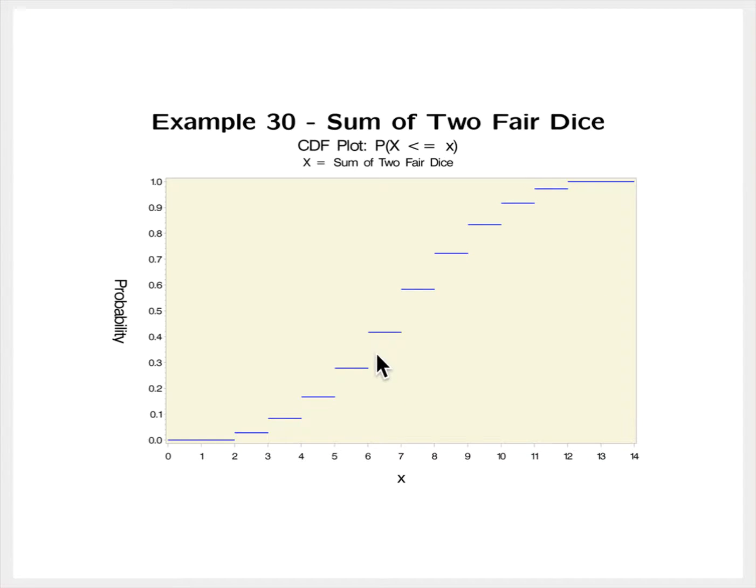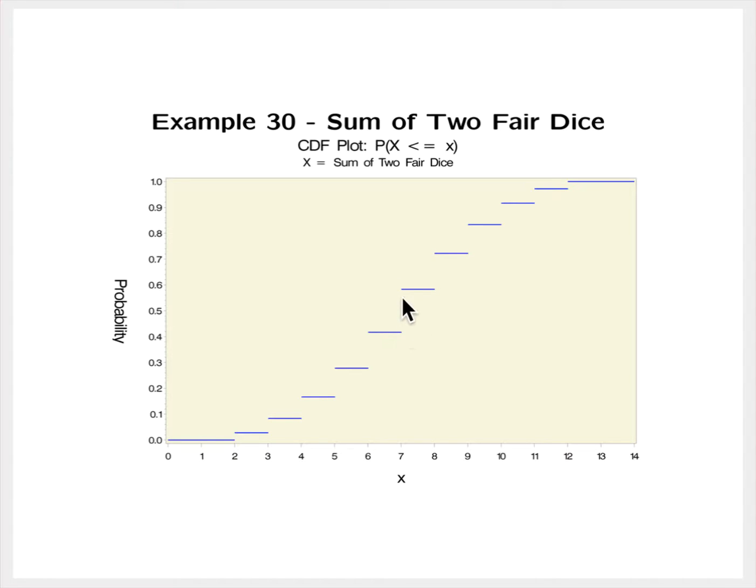And then I would point out, and I didn't really point this out in the previous example, but you probably discern this, that the height of the jump, for example, if we look at the jump here at x equal to 6, going from this step to this step, the height of that jump corresponds to the probability that x takes on the value of 6.